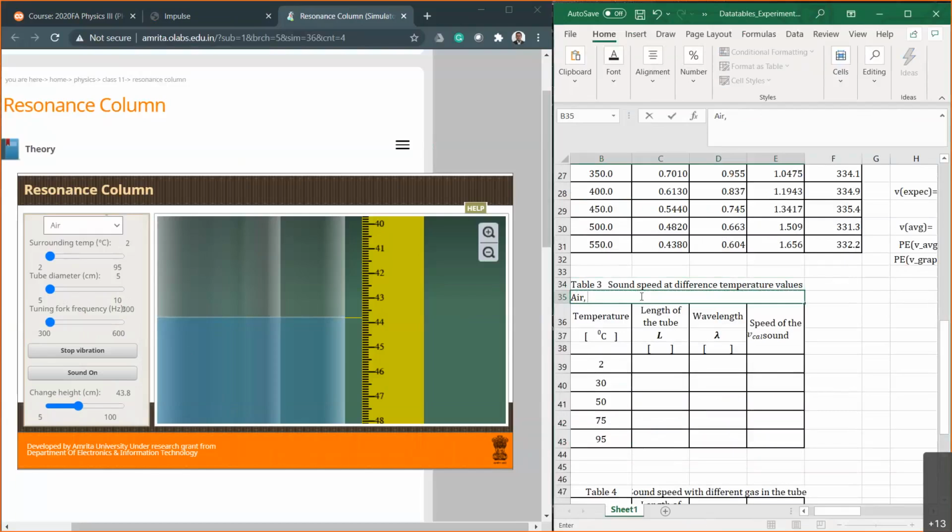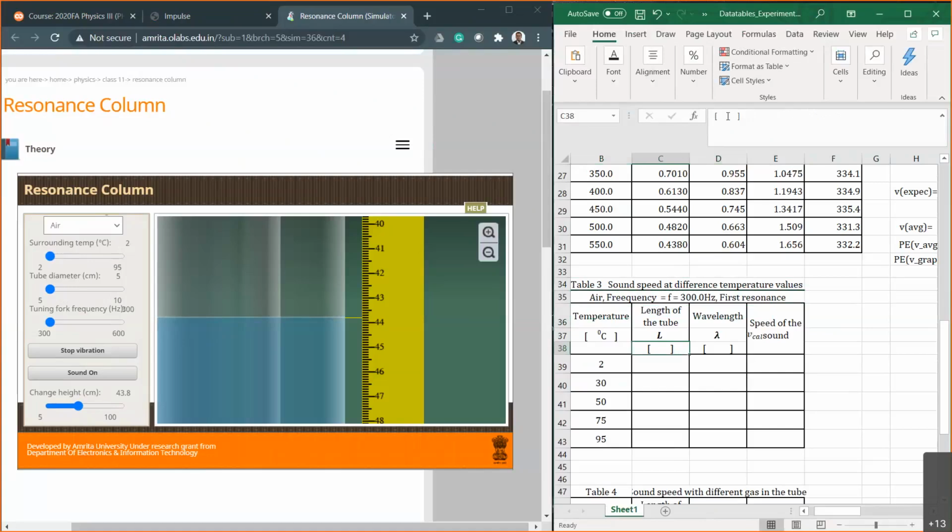The frequency is about 300 hertz, okay? 300.0, so we have 4 significant figures there. And we're studying the first resonance only here, okay?